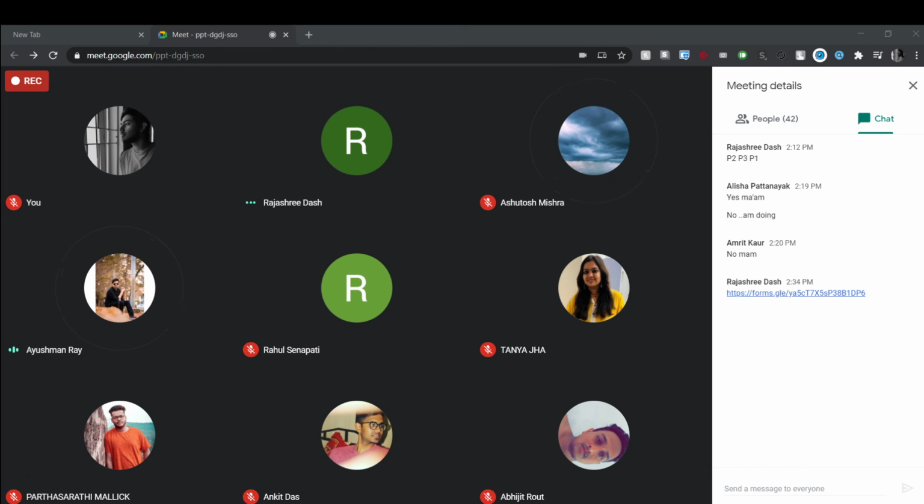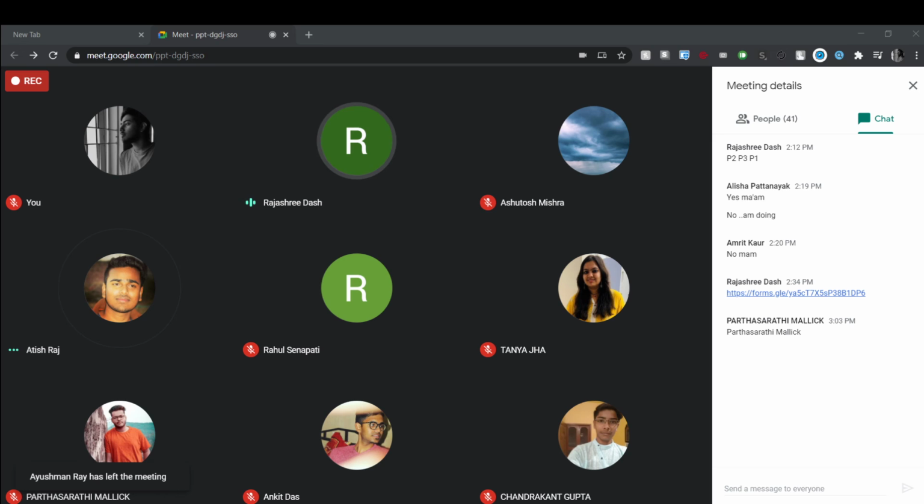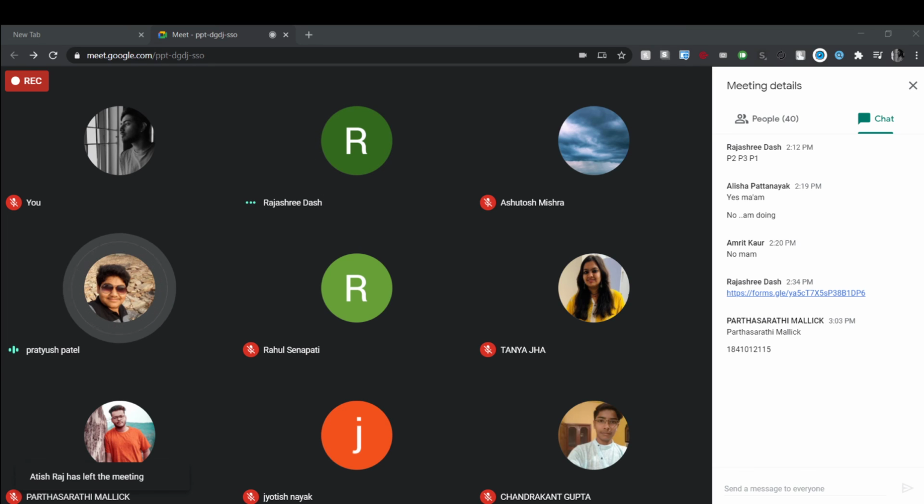Chandrakant Gupta, present, ma'am. Atish Raj, yes, ma'am. Jatish Naik, present, ma'am. Pratyush Patel, present, ma'am. Sandeep Misra, present, ma'am.